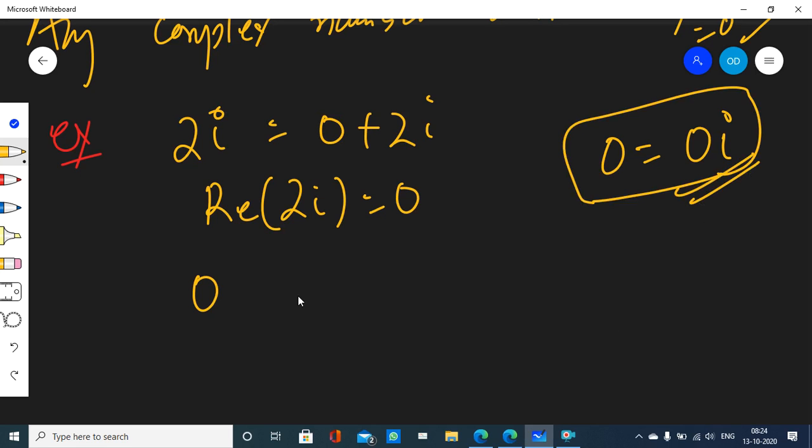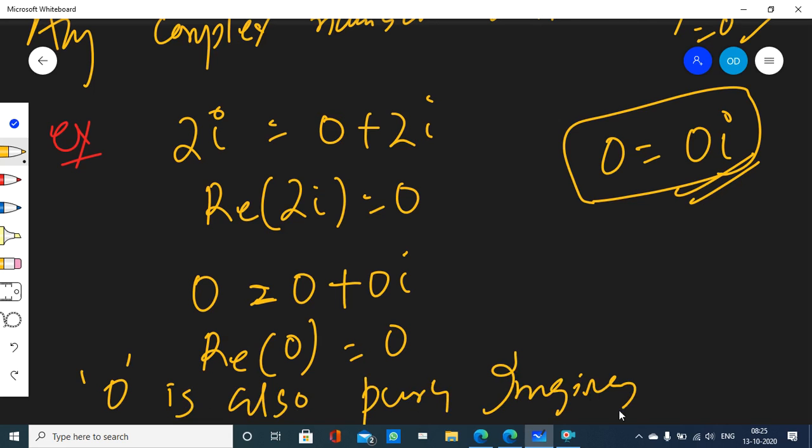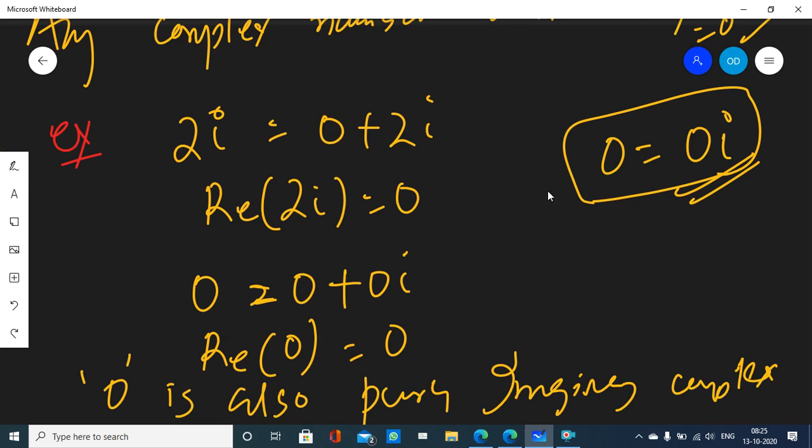Think about it like this. 0 is equal to what? 0 plus 0i. What is the real part of 0? 0, right? So 0 is also a purely imaginary complex number.